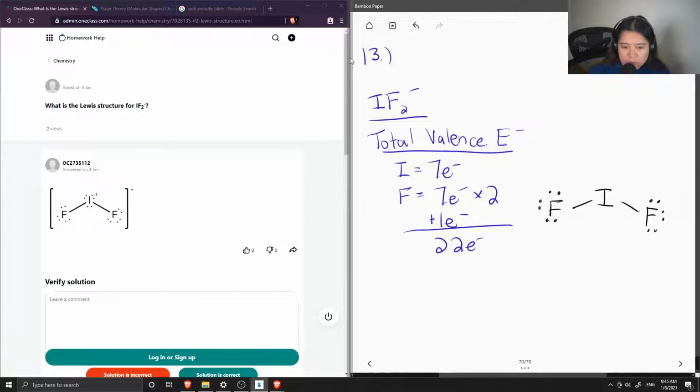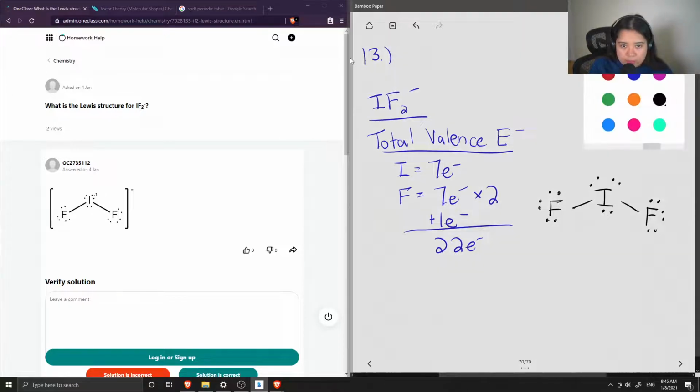And each fluorine contains 6 electrons in the lone pairs. So 12 plus 4, there's only 16 that I've drawn. So I need to draw 6 more to get 22. For the remaining 6, I'll draw them on my iodine.